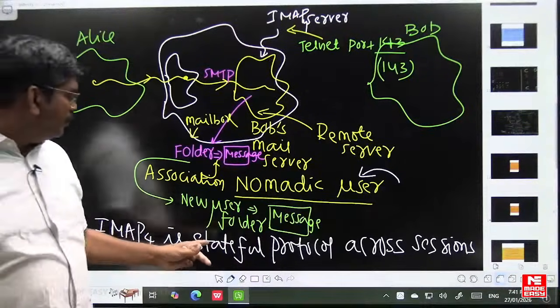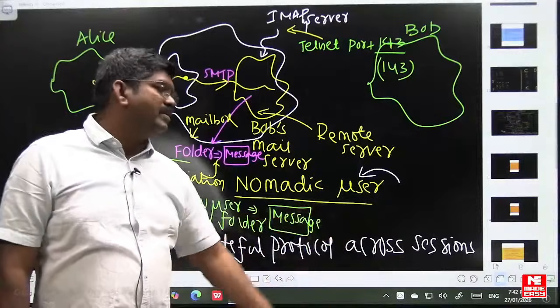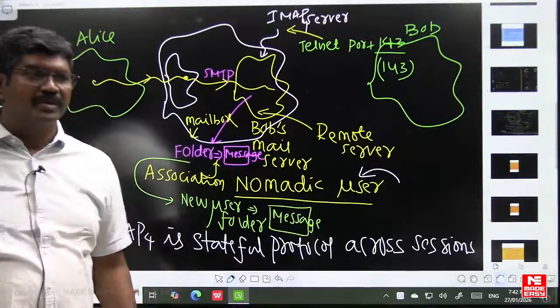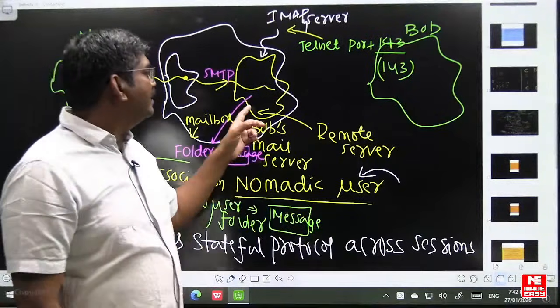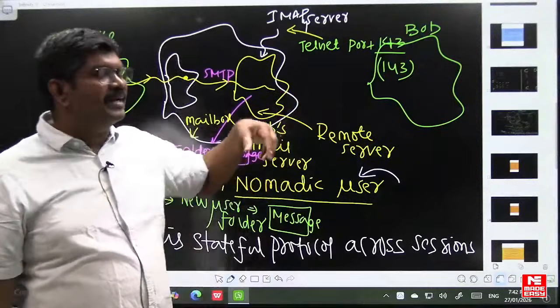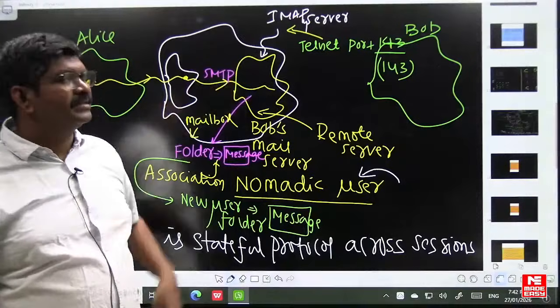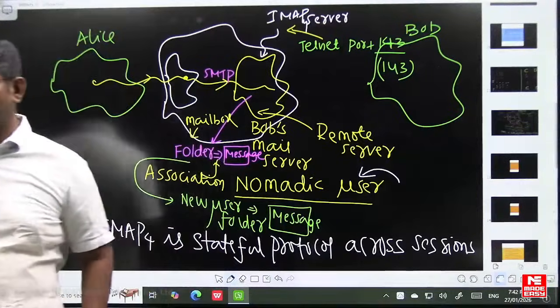So this is one more important question. IMAP4 is a stateful protocol across the sessions. Now you see, after getting the mail to the local machine, the mails can still be available in multiple folders inside IMAP4.